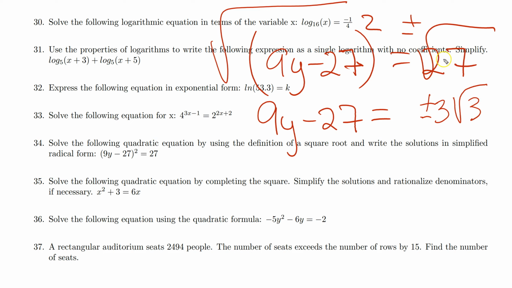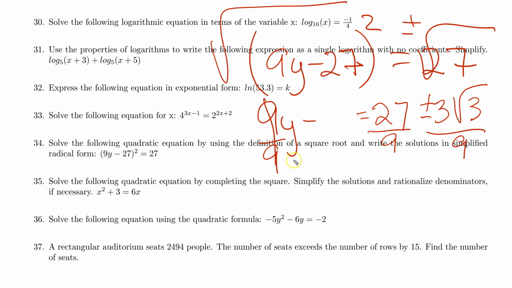As I simplify that, then I'm going to move that 27 over to this side, it becomes a positive 27. Let me just erase this a little bit here. So this 27 on this side becomes a positive 27. Now I can erase it on the other side there. And now we're going to divide each by 9, so we can simplify a little bit. 9 and 9 and 9.